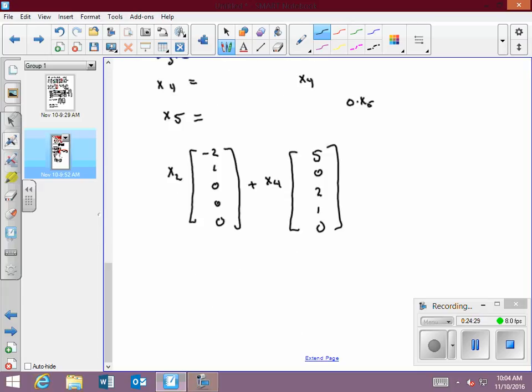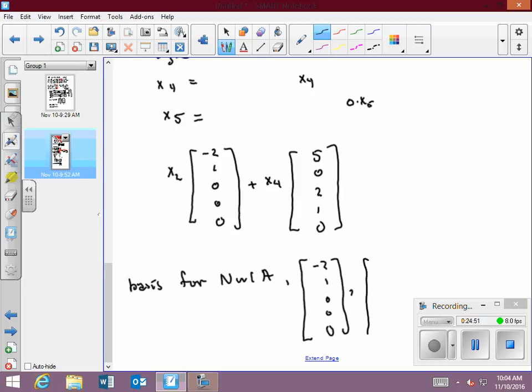So then the basis for null A is minus 2, 1, 0, 0, and 5, 0, 2, 1.